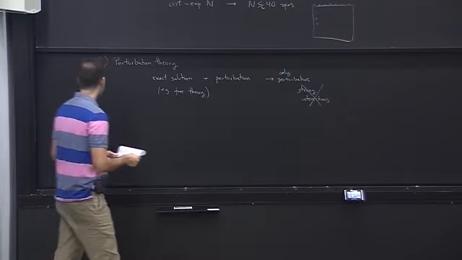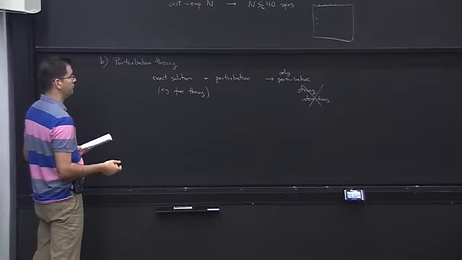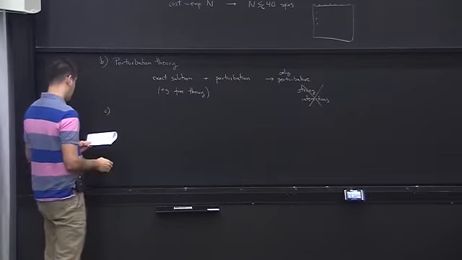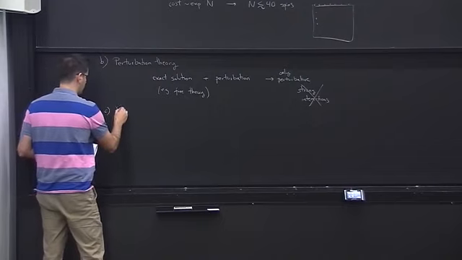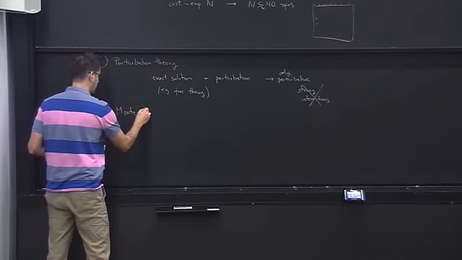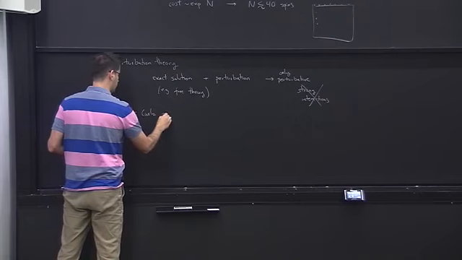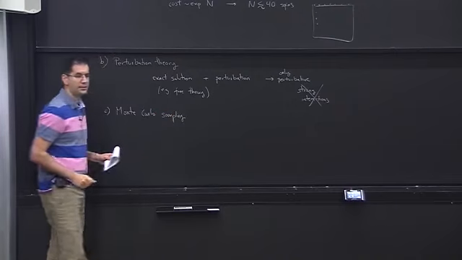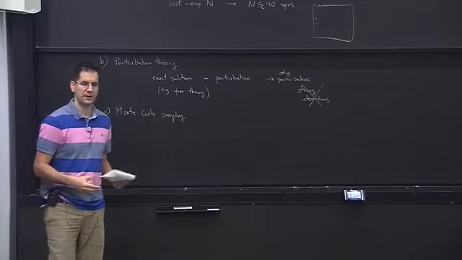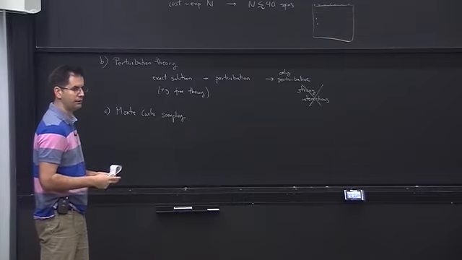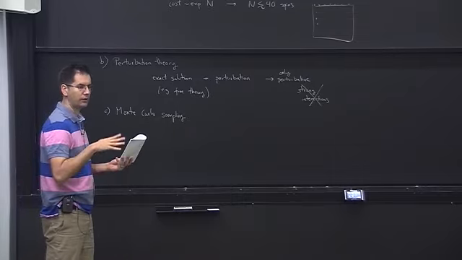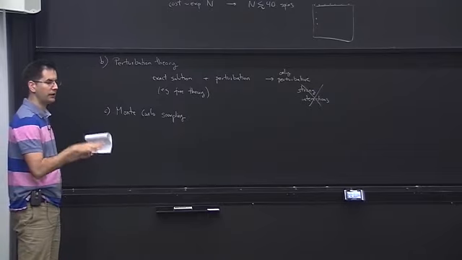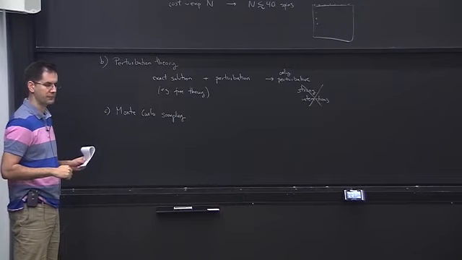Okay. Now there are other possibilities, and the next one would be to use Monte Carlo sampling. In this case, we accept that the Hilbert space is very large, but we find a way of exploring the parts of the Hilbert space that are of interest by sampling over different configurations of the spins.